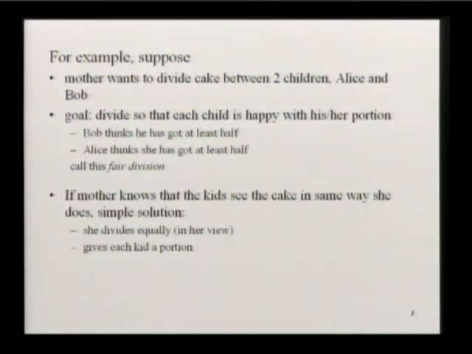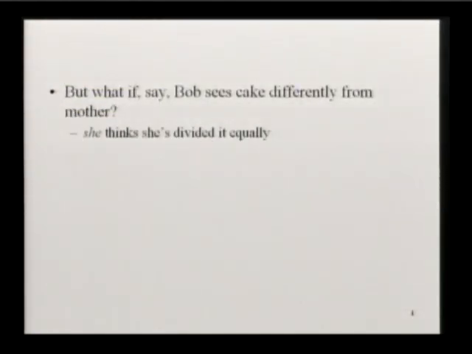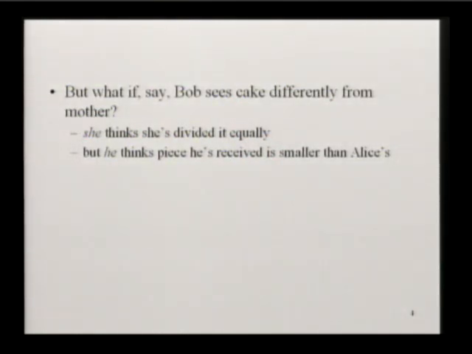Each will have half the cake. The problem is, what if the children don't see the cake the same way? And again, from personal experience, I can say the children never see the cake the same way as their parents. So it's entirely possible that the mother will think that she's cut the cake equally, but Bob will think that his piece is smaller than Alice's. And that's no good at all. So here's the problem.